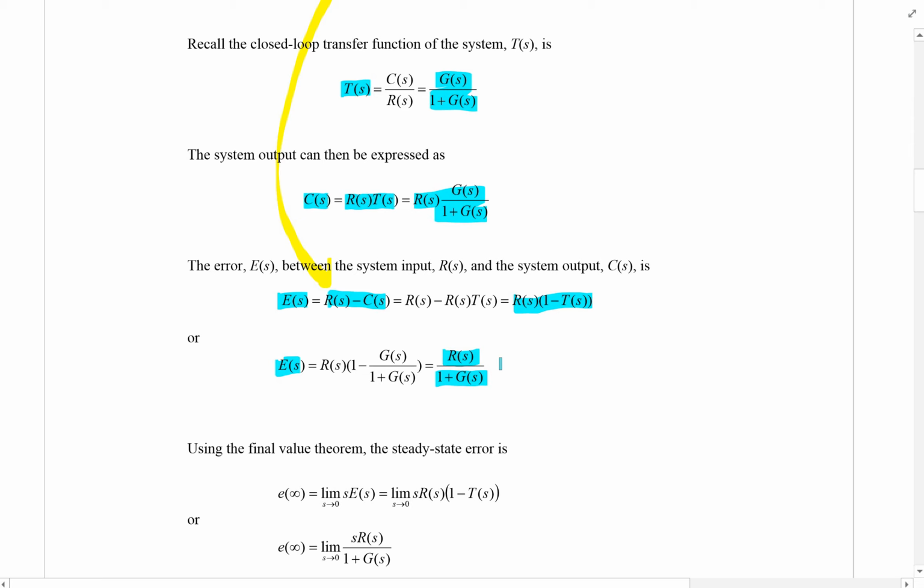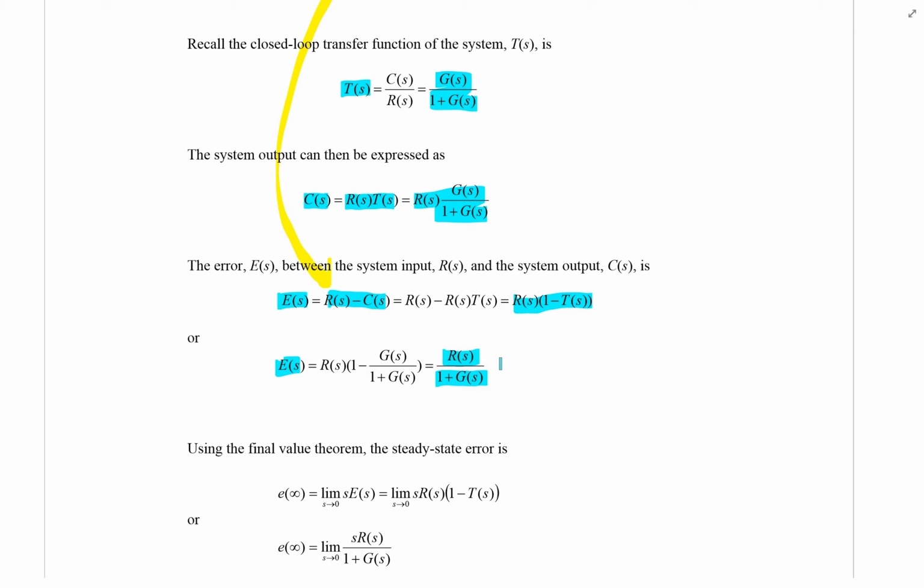That's where we finally end up. Okay? All right, so now we have an equation that describes the error in terms of our input and our open loop transfer function. Okay, so that's a nice form that we like.